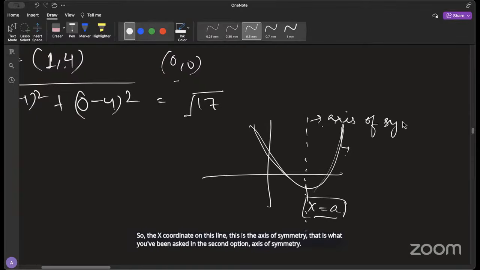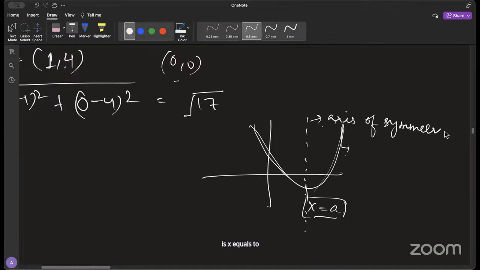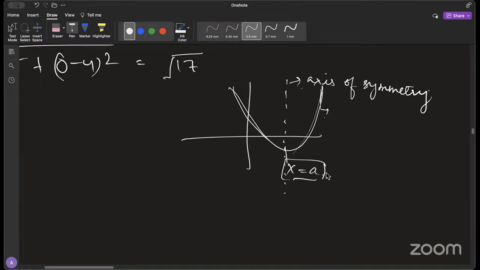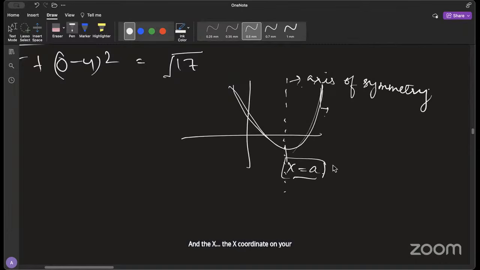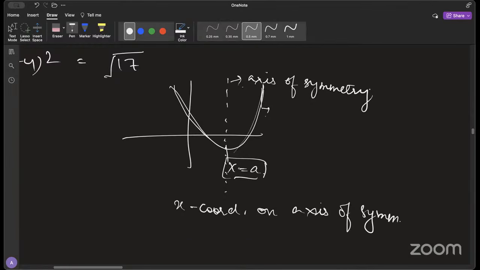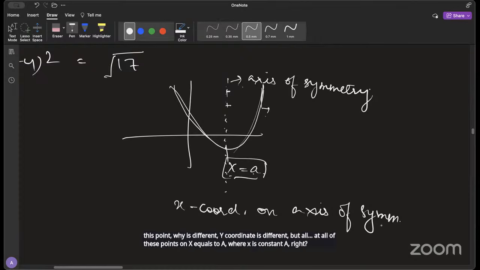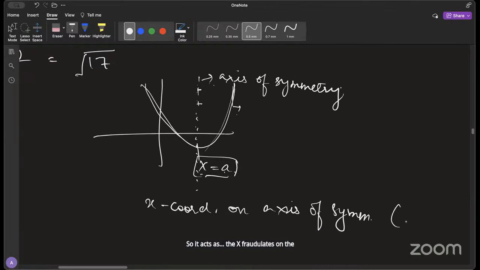Axis of symmetry is x equals a, and the x coordinate on your axis of symmetry is what? On the axis of symmetry it is a, right? Because the entire line is x equals a. That means on this line, if you move, at this point y is different, at this point y coordinate is different, but at all of these points on x equals a, x is constant a, right? So the x coordinate on the axis of symmetry is a.